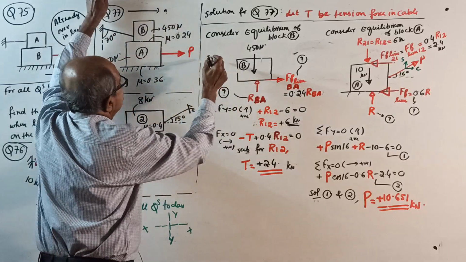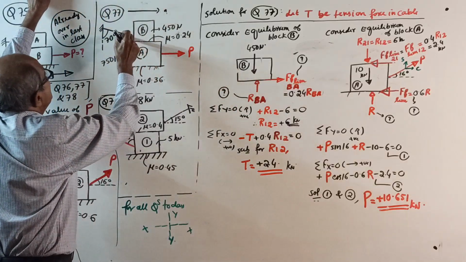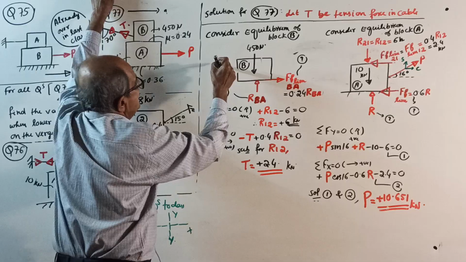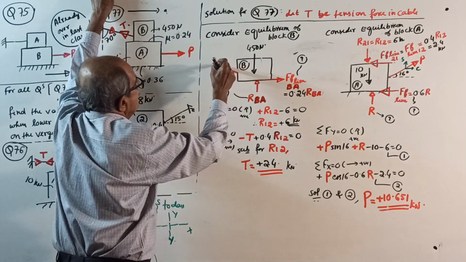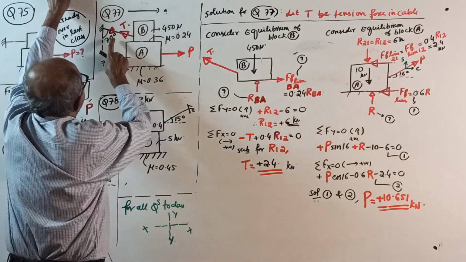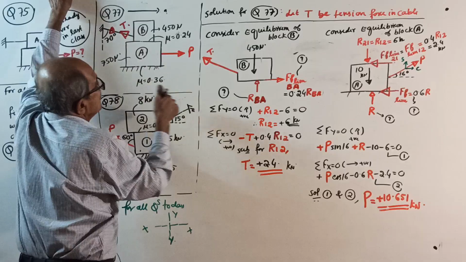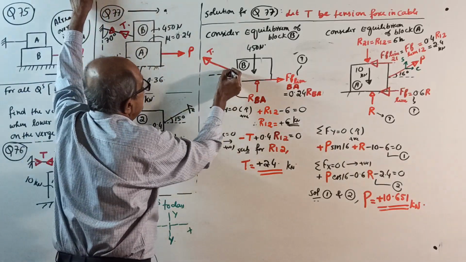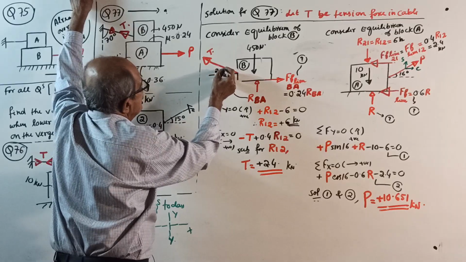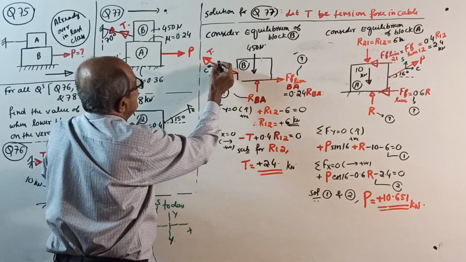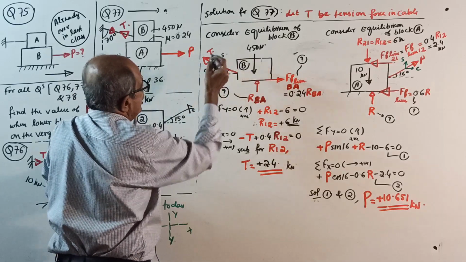Now the cable is, see, you do one thing, you show the tension here. So the tension is like this. They told 70 degrees with the vertical, but we want the angle with the horizontal. If it is 70, this is 20 degrees. Then you know, this is cos, this is sine. Okay.